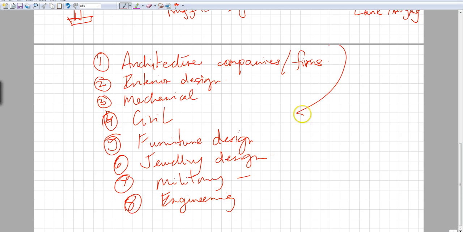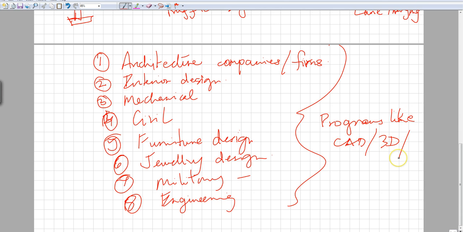So all this has to be done using different programs like CAD, 3D, even hand drawing, using what? Using standards.